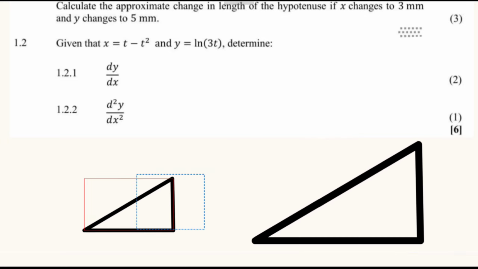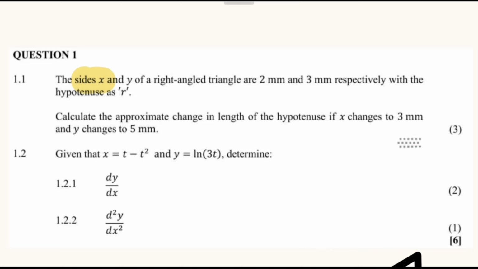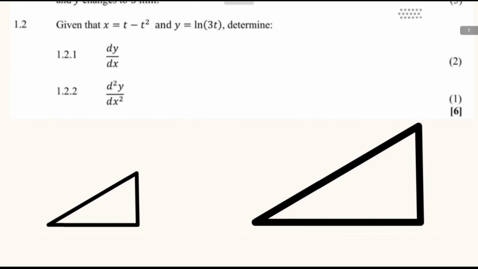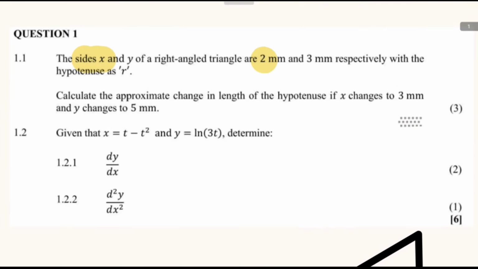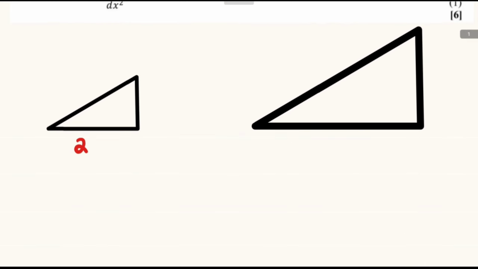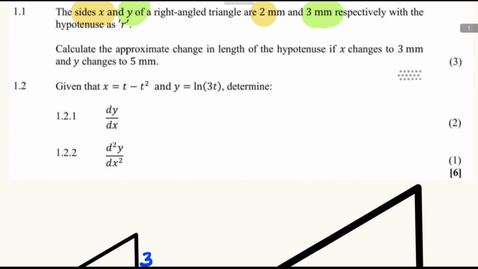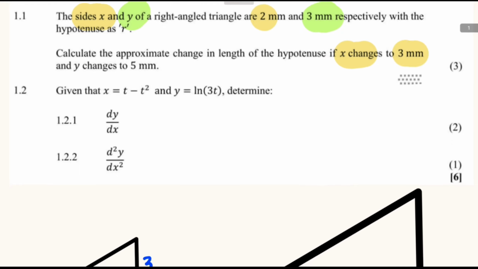the original triangle where the side x was equal to 2 millimeters. So we have 2 millimeters as our x, and our y was originally 3 millimeters. So our y is going to be 3, and we are told that the x changes to 3 millimeters.